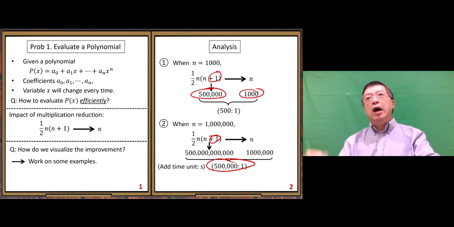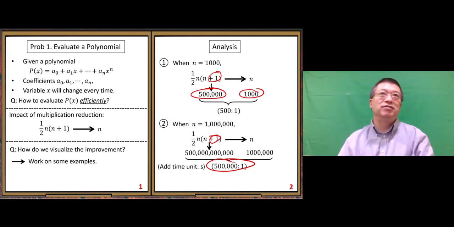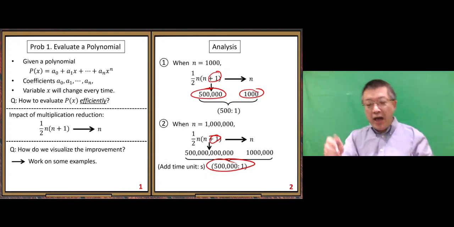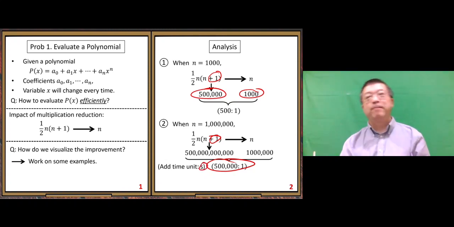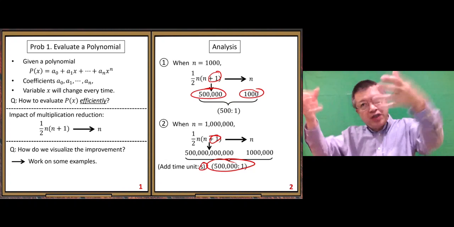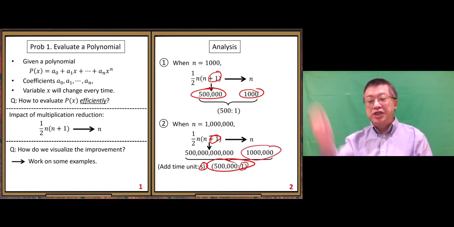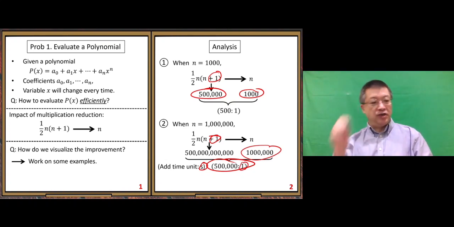What should I do? I add a time unit, because here there is no time unit, right? I intentionally add a time unit: seconds, on both sides. The right-hand side, 1 second. The left-hand side, 500,000 seconds.